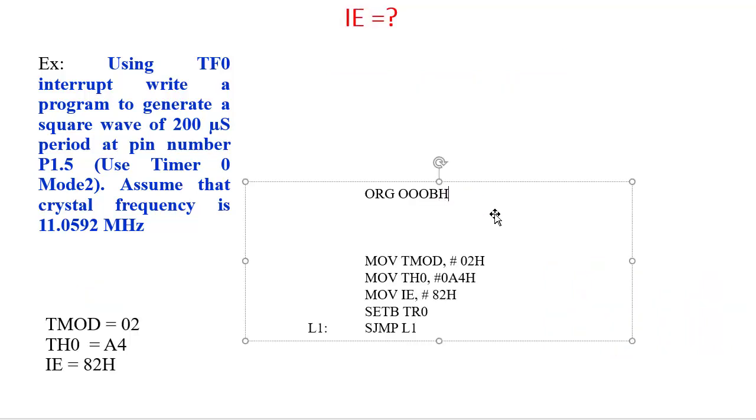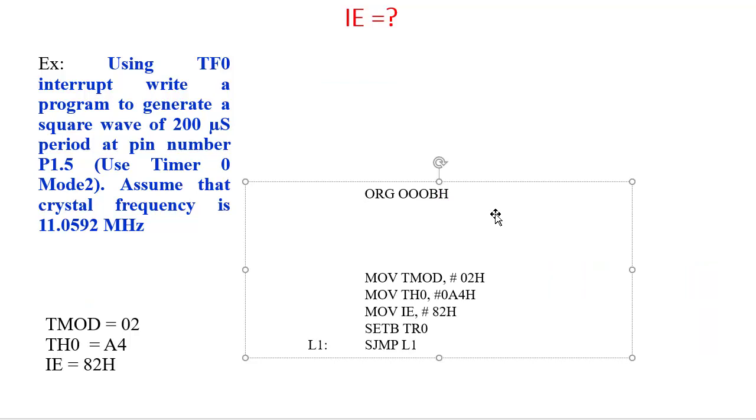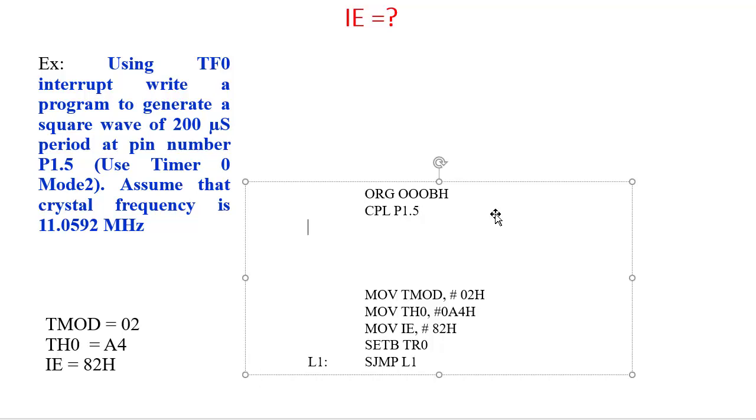So in the program, we may write here CPL, and the pin is P1.5, and this is the main function. The interrupt service routine is over, and the last instruction of this interrupt service routine is RETI, return from interrupt. Now the main function: I am starting the main function at a particular memory location, giving the name ORG, say 0030H.